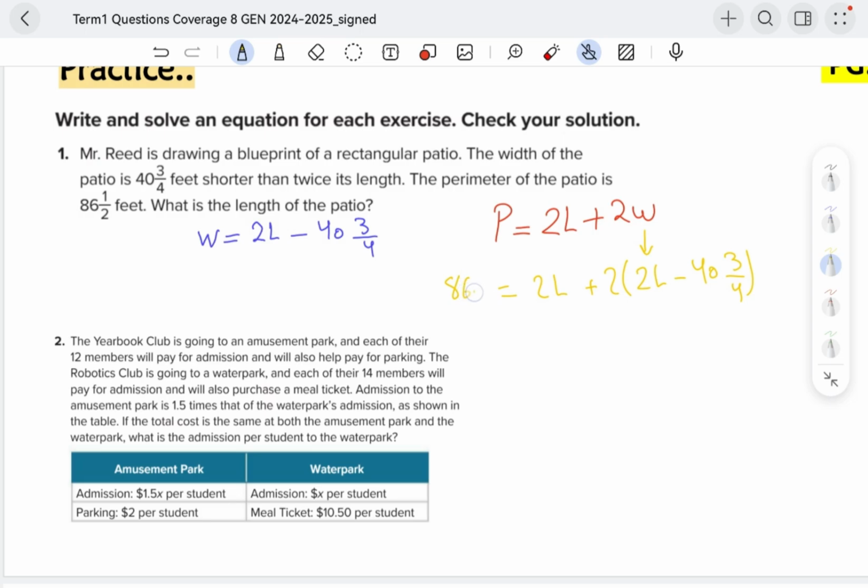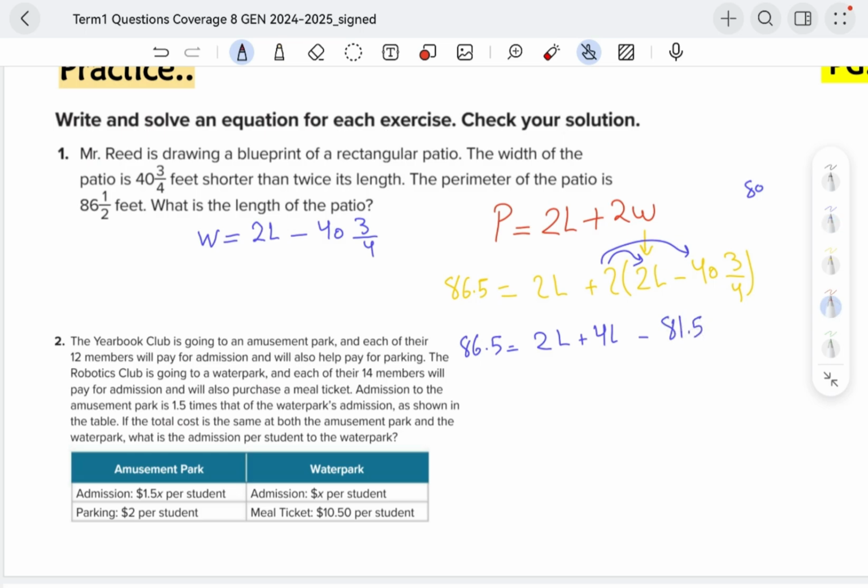I'm going to write it as a decimal, and I will distribute the 2 and multiply it with all what is inside the parentheses. We're gonna have 86.5 equals 2L plus 2 times 2 is 4, 4L minus 2 times 40 is 80. 2 times 3/4 is 1.5. So we're gonna have 81.5.